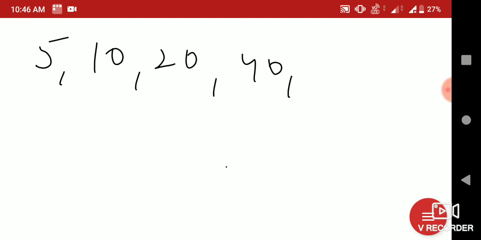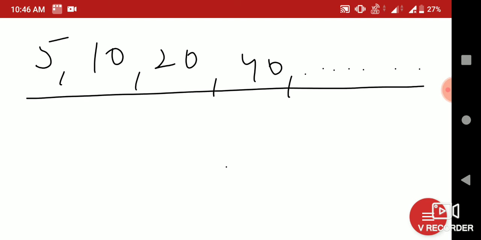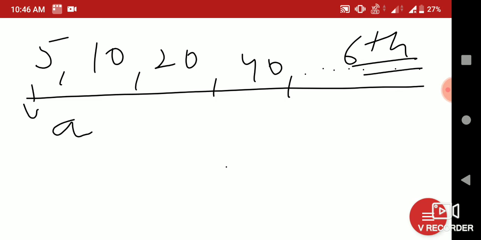Again taking an example, 5, 10, 20, 40 and so on. If a question is given, find the sixth term, right? So you know what your first term is. a is equal to 5, and what is r?